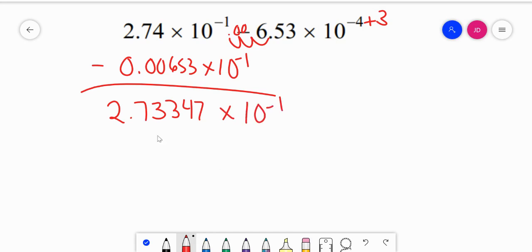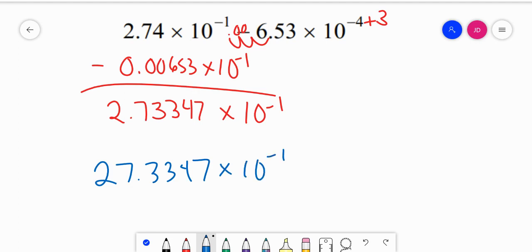Now, in case you don't get a number in scientific notation at the end, you would have to adjust it. So say I had, let me do this one, 27.3347 times 10 to the negative first. I would have to adjust it by making this smaller.